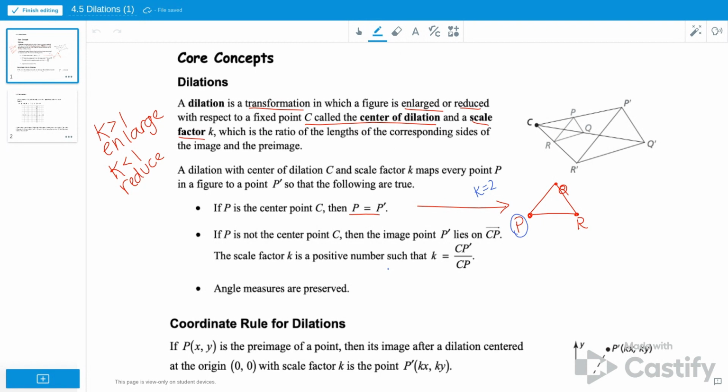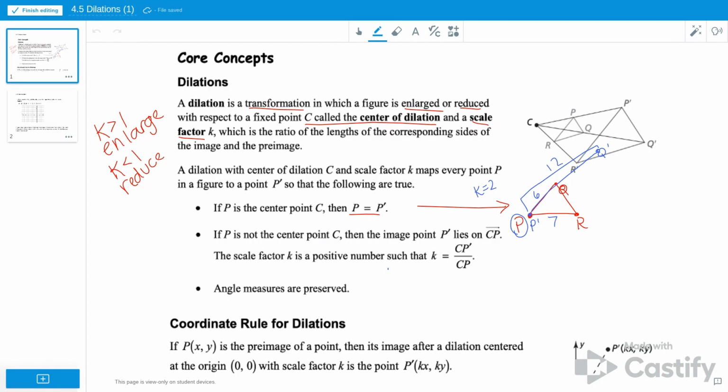what that means is P is going to stay the same. So P prime is still going to be here. But then say that this side is 6, then from P to Q prime would be 12. And then say that this side is 7.